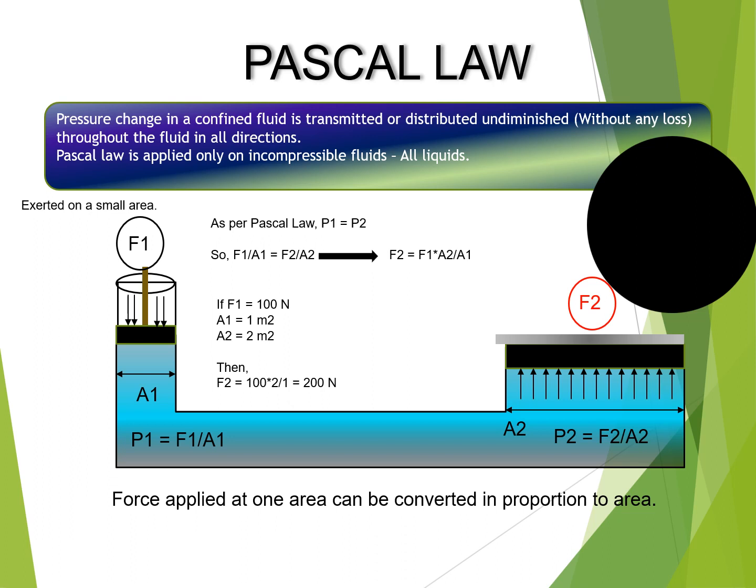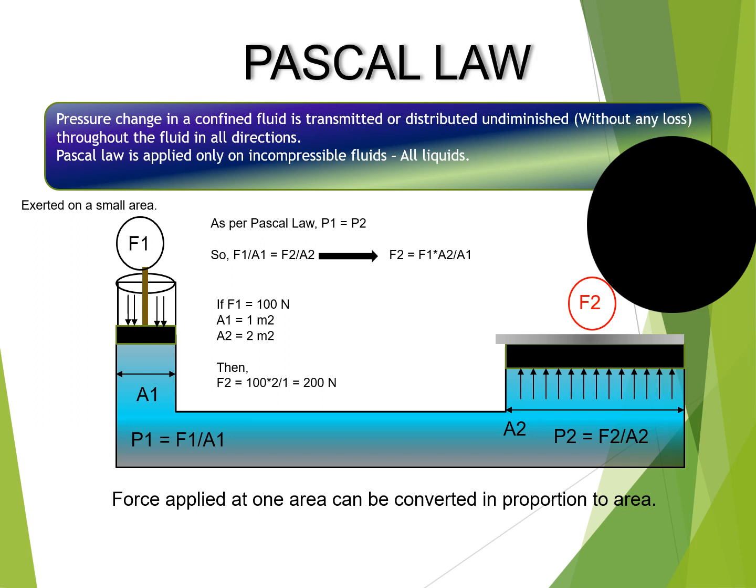So what will happen here? Because F1 upon A1 is equal to F2 upon A2 as per Pascal law, F2 will be F1 into A2 upon A1. Now F2 is 100 into A2 is 2 upon 1, that means 200 Newton.